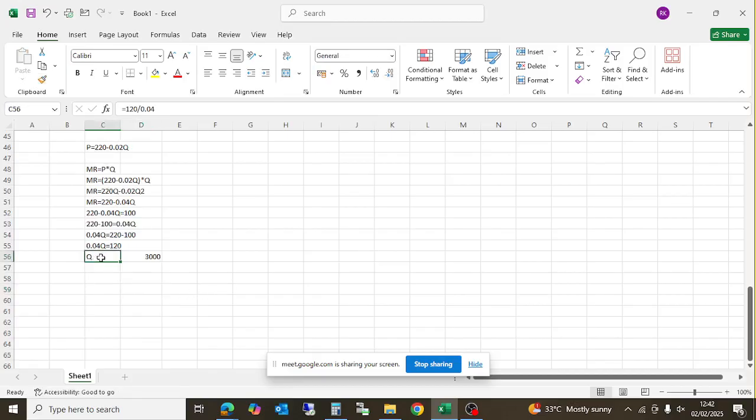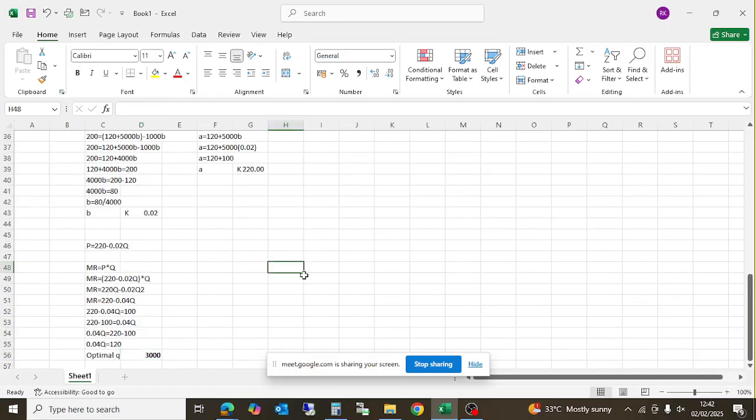Now that we have the optimal quantity, what we are looking for is the optimal price. So how do we find the optimal price? We find it using the price equation, which is P is equal to 220 minus 0.02 times the quantity.